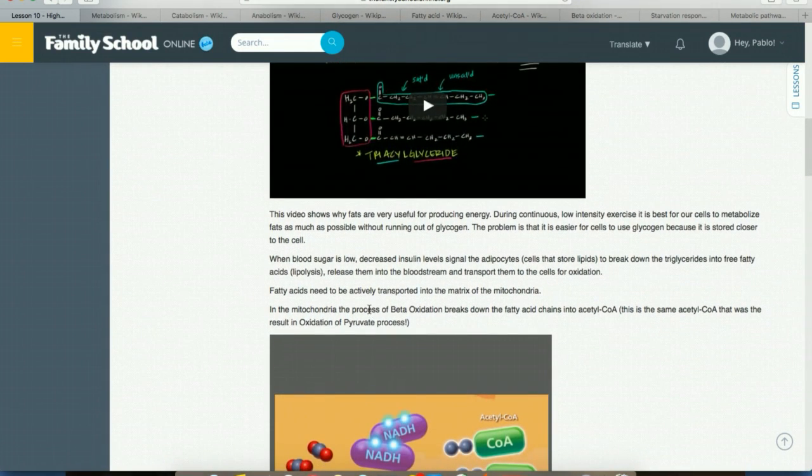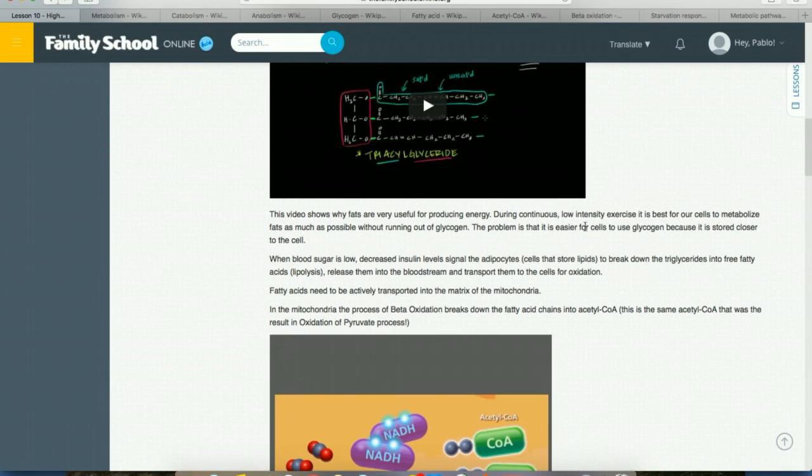Okay, very good video. So after watching the video, I would continue by saying this video shows why fatty acids are very useful for energy production. Yes, because they produce a lot more ATP per molecule of carbon than glucose. Glucose is more direct, I guess, but the fatty acids produce a lot more.